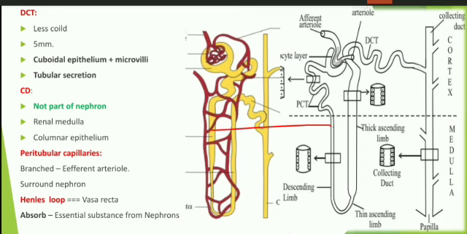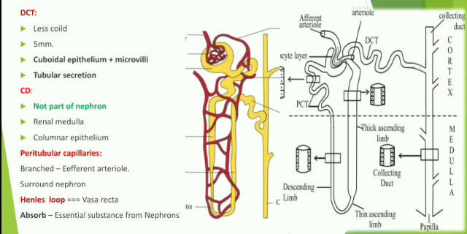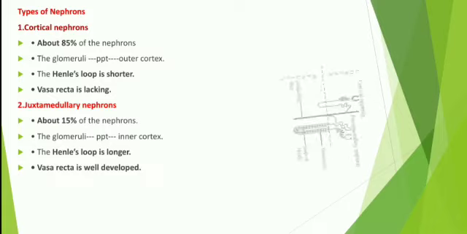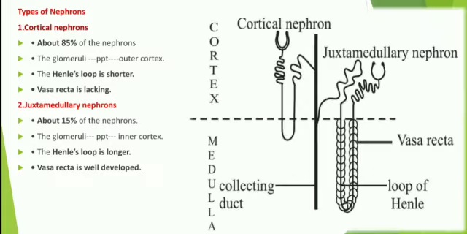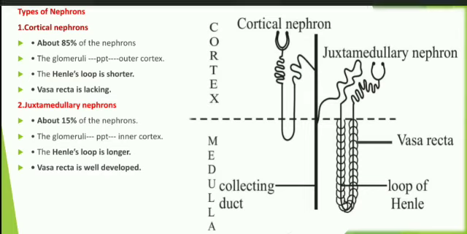And next one is types of nephrons. Actually they are divided into two types of nephrons, those are cortical nephrons and juxtamedullary nephrons.